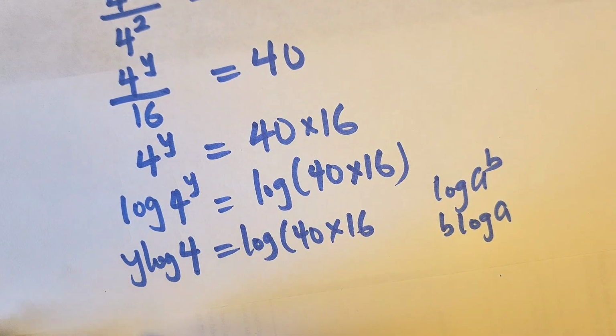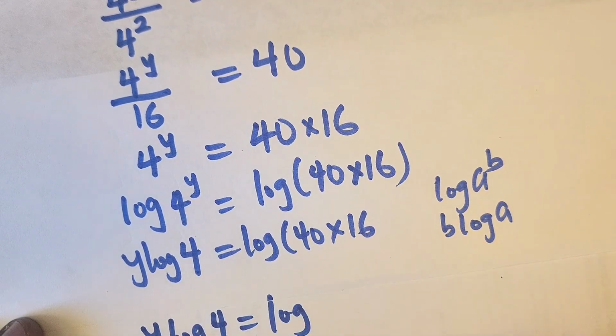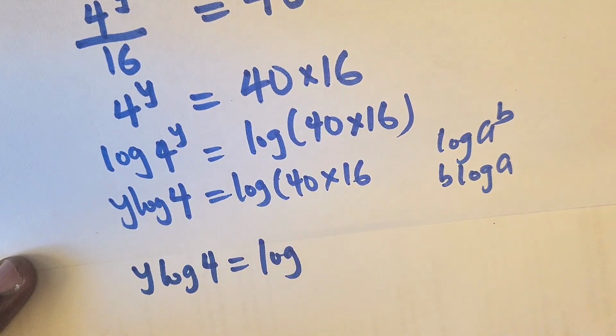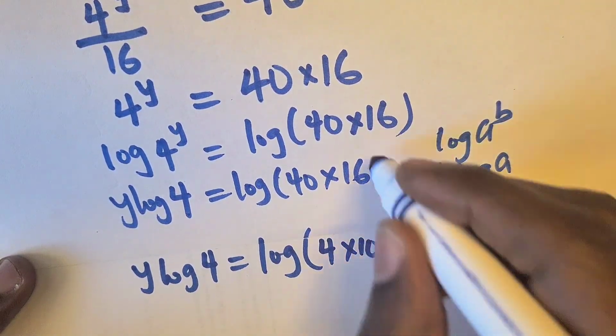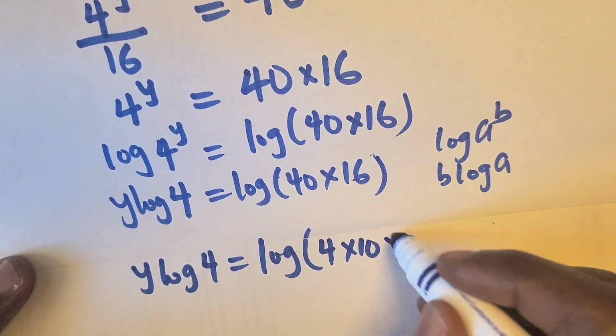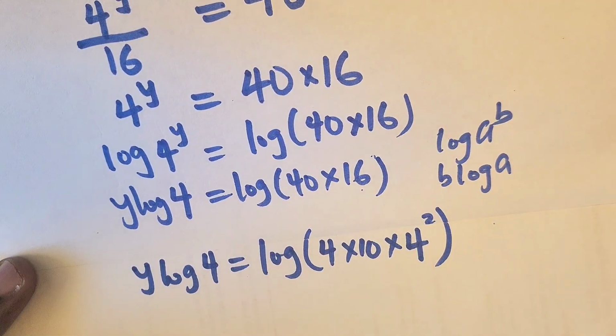And now I have my y log 4 equals log of 40 multiplied by 16, which can be written as 4 times 10 times 16, the same thing as 4 squared.